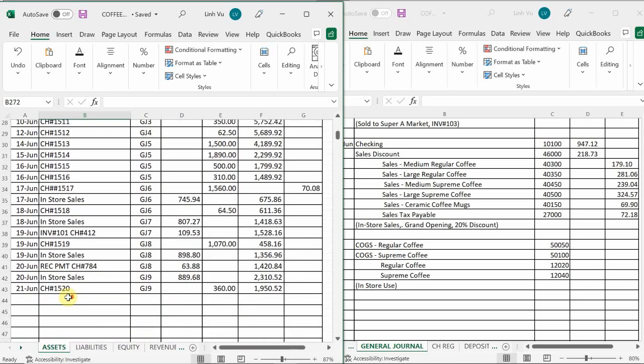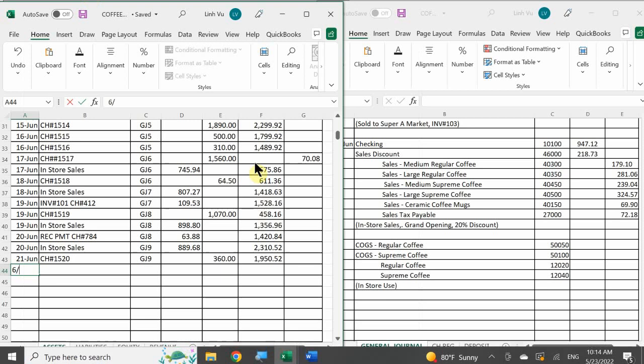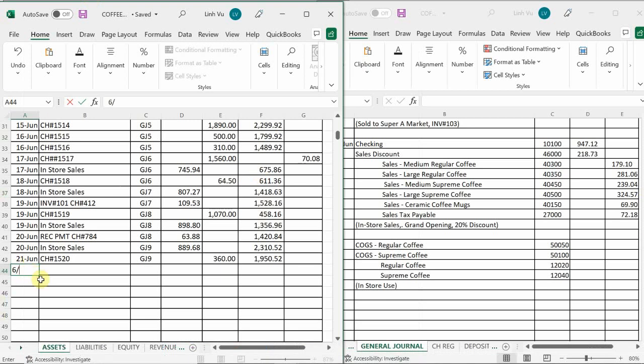So checking. Checking. Excuse me, in-store sales. General journal, page 10.